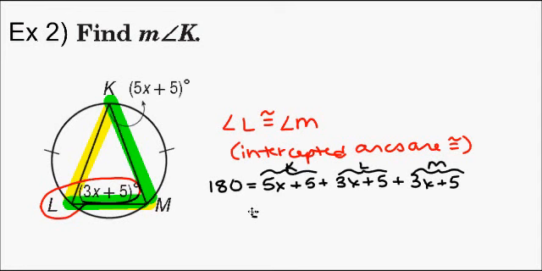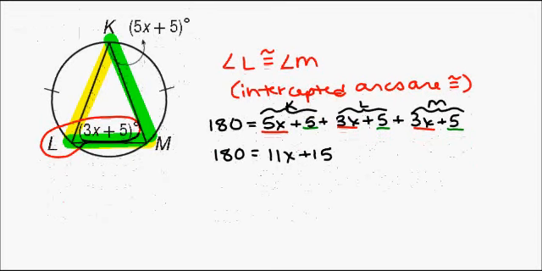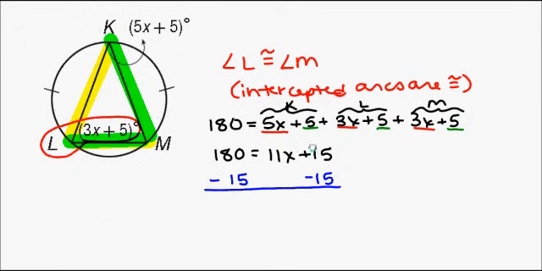Now I'm going to combine like terms. I see 3 sets of x's. 5 plus 3 plus 3 is 11. So I have 11x. And 5 plus 5 plus 5 is 15. So 11x plus 15, and 180 stays here. Now let's subtract 15 from both sides to get the x's by themselves.